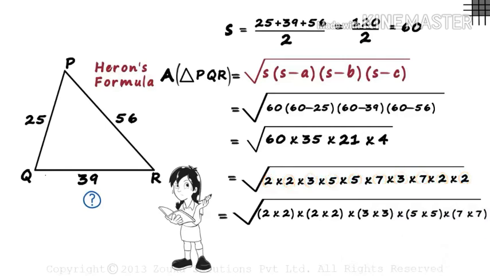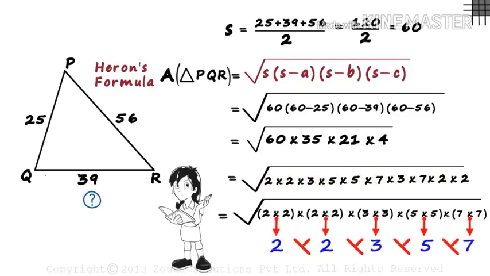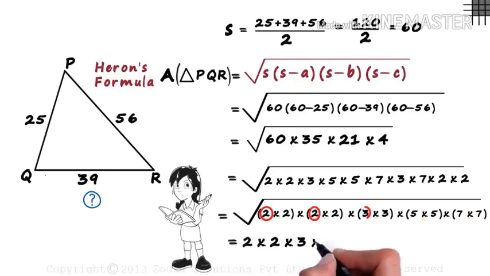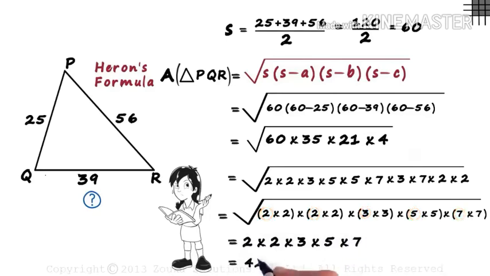To get the square root of these numbers, we pick one number from each pair, multiply them and remove the square root sign. It will equal 2 multiplied by 2 multiplied by 3 multiplied by 5 multiplied by 7. That gives us 420 square units.